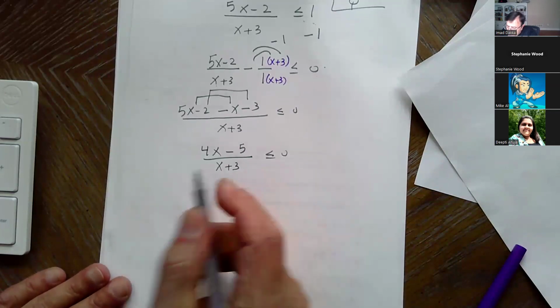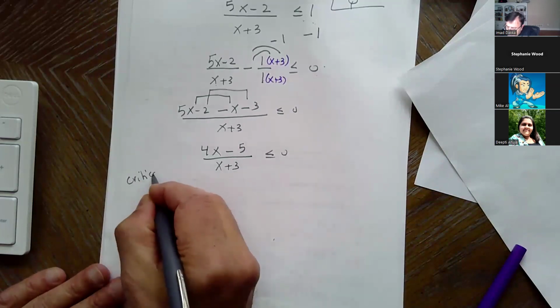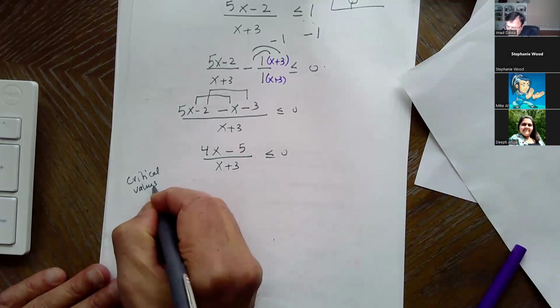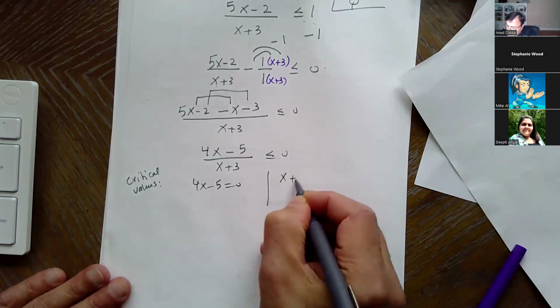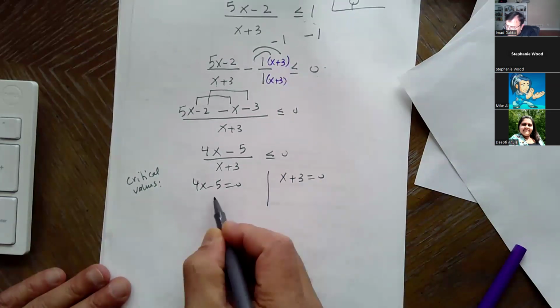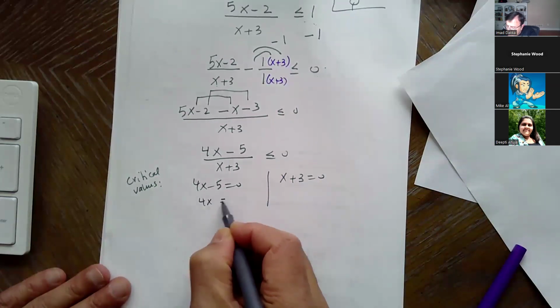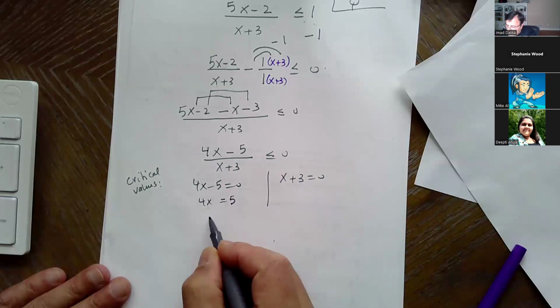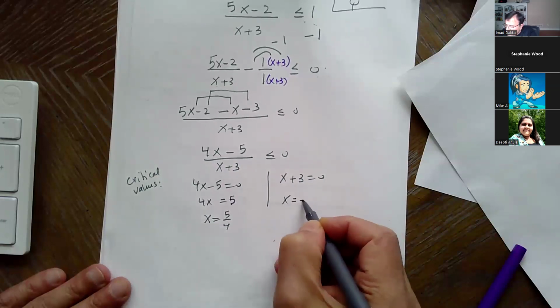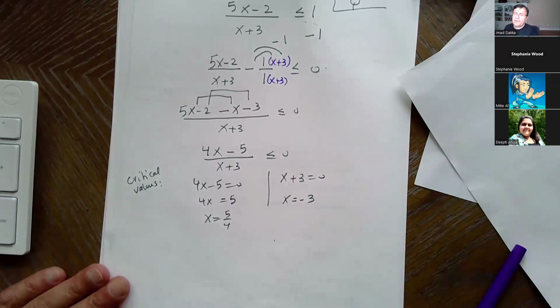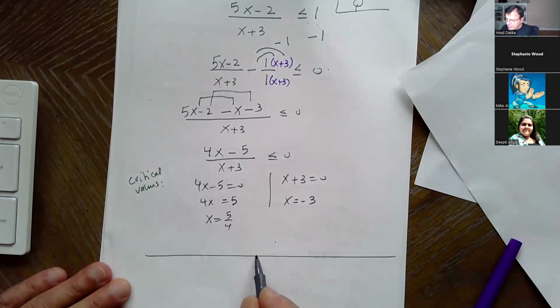So now we're going to find what we call critical values. We're going to set the top equals 0 and the bottom equals 0. And that's what my critical values are going to be. So move the 5 over and then divide by 4. So this is one critical value. Move the 3 over. So once we have the critical values, then we would plot them on the number line.